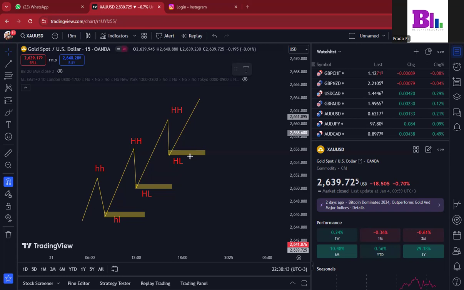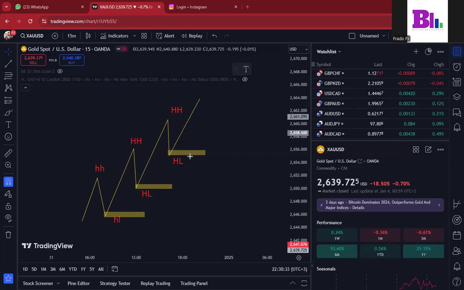That means we must have what we call a flip. When the market forms a flip, that is where we have a sign of reversal. Some people call it a change of character.